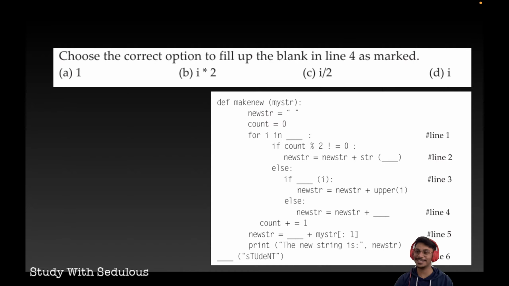Even i into 2, okay, fine, it is somewhere logical, because i into 2 is ii, or t into 2 is tt, or b into 2 is bb, cc, aa, dd, etc. But i by 2, in computer, we don't have a thing like a by 2 or b by 2 or c by 2 or d by 2, unless and until a, b, c, d or any letter has a variable. This variable has a value of a specific number, an integer.